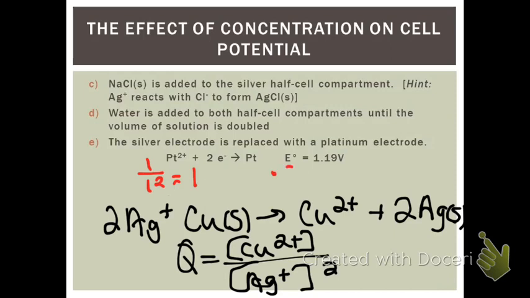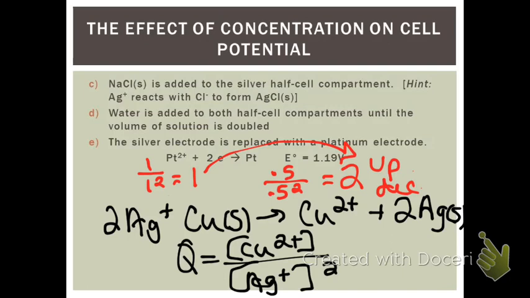But if they're both diluted after, you would think it would have no effect. But let's just say they're cut in half. So the new concentration is a half on top and a half on the bottom. When you divide that, you actually get 2. So Q is going up. And if the Q is going up, then the potential is going to decrease. And that would not have been easy for you to do with Le Chatelier's principle.